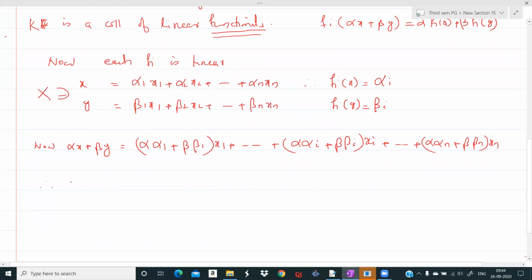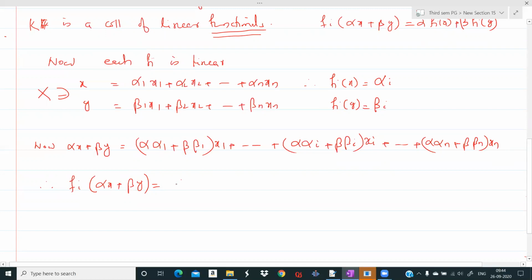Therefore fi of alpha x plus beta y: ഈ alpha x plus beta y ഇപ്പോൾ നമ്മൾ ഇതാ x1 x2 x3 etc. xn ന്റെ ലീനിയർ കോമ്പിനേഷൻ ആയിട്ട് എഴുതിയിരിക്കുകയാണ്. അപ്പോൾ fi യുടെ ഡെഫിനിഷൻ അനുസരിച്ച് ഇങ്ങനെ എഴുതപ്പെട്ട ലീനിയർ കോമ്പിനേഷനിൽ xi യുടെ കോഎഫിഷ്യന്റ് ആണ് fi.